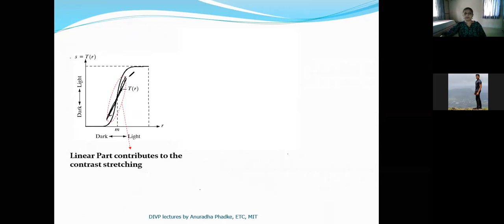Similarly, the upper portion we can approximate by another segment, and the lower portion by a third line segment.